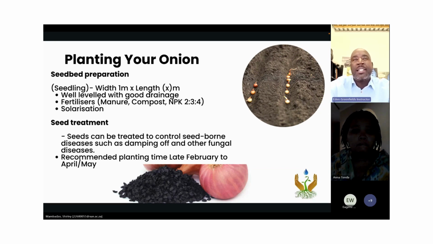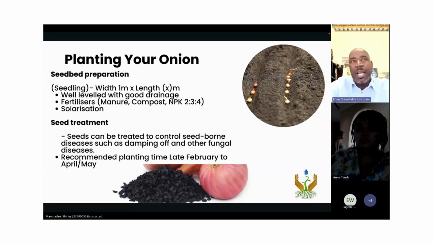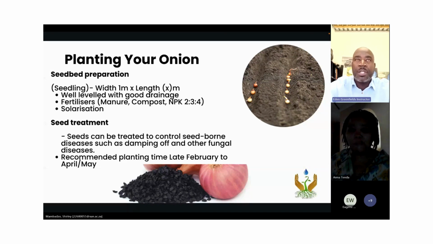And then the fertilizers that can be used: manure. When we talk about animal manure, we strongly recommend that you use manure that is dry. You cannot use fresh manure in your garden. Dry manure is the best. And then you can also use compost, mixing compost with your soil.